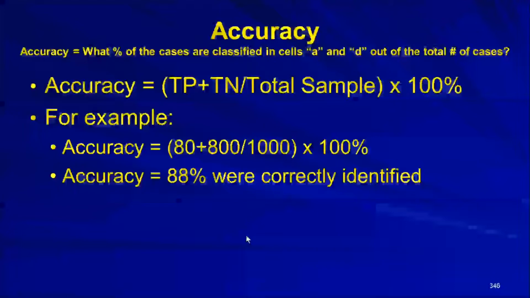If you look at the previous example, 80% of the cases, as we just talked about previously, were true positives, and 800 were true negatives. That's cell D, times 1,000 times 100%.